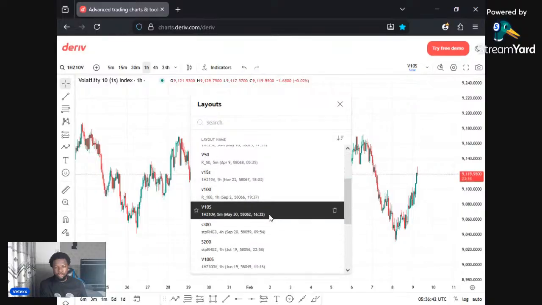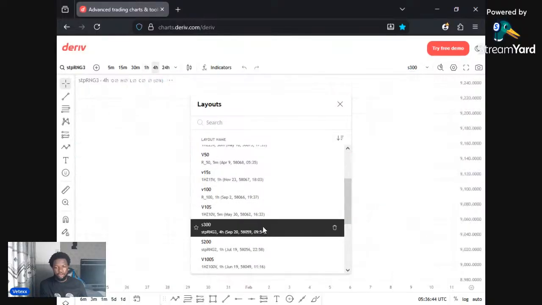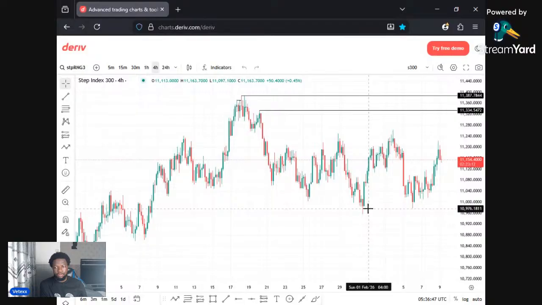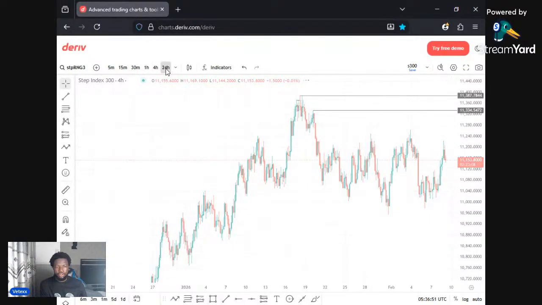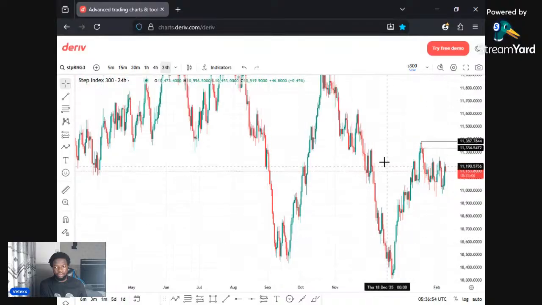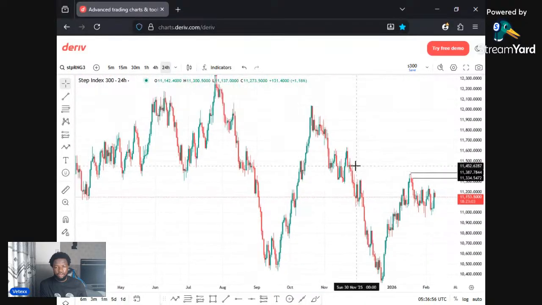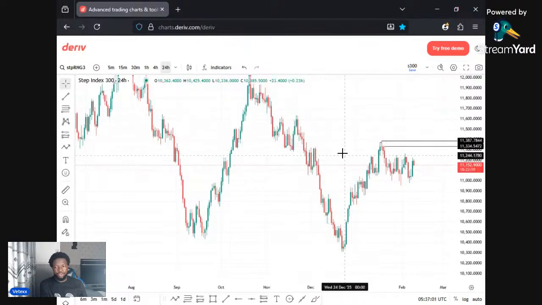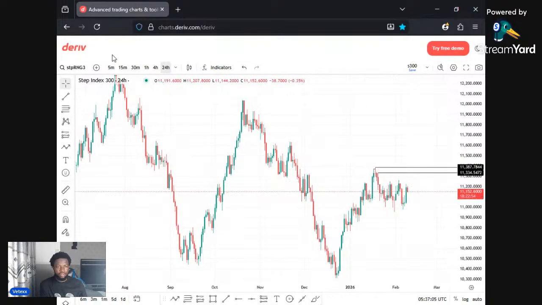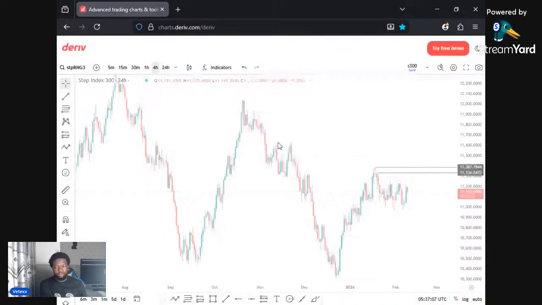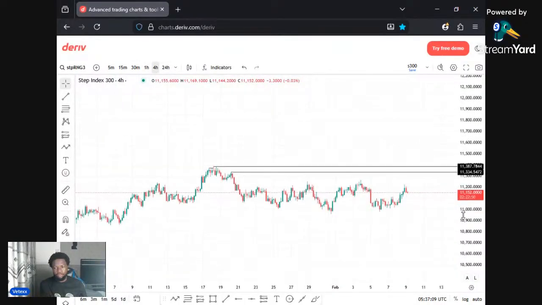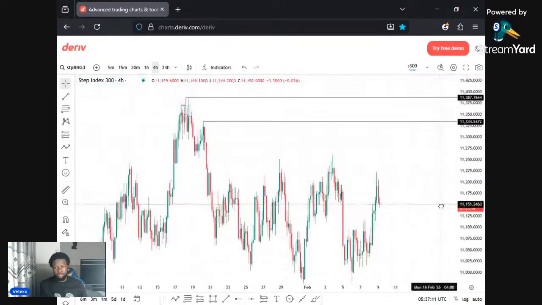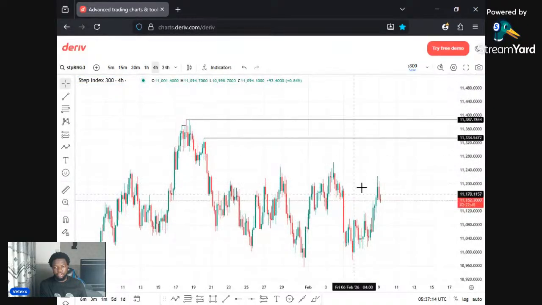The next pair we check is Step 300. Step 300 on the 24-hour time frame is bearish and it's trying to give us a 4-hour continuation, which is around here. So let's check the 4-hour time frame and see what price is doing. We have this point of interest there.